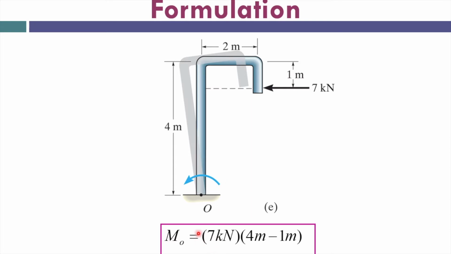So 7 kilonewton times (4 meter minus 1 meter), the difference between this and this, so 3 meter. So we get 21 kilonewton meter, because the force is in kilonewton and the distance is in meter. Here the direction is counterclockwise.